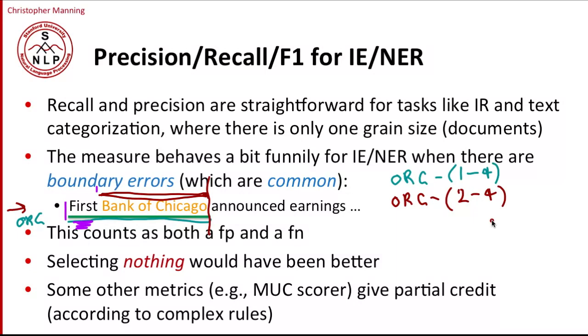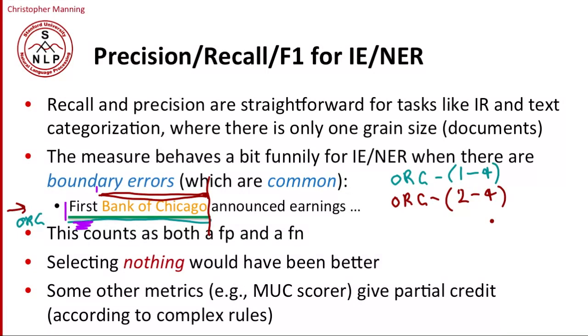And each of these claims is taken as a unit and is put into a set of claims, and then we count the number of matching claims, that's the true positives, and then we count the set differences in both directions, and that gives us the false positives and the false negatives. So what we end up with in our classification in this case is that this is a false negative, and that this one here is a false positive. And so actually our system will be scored as having made 2 errors if it does this.